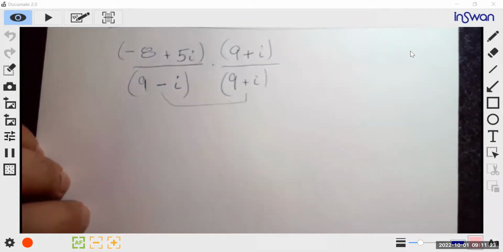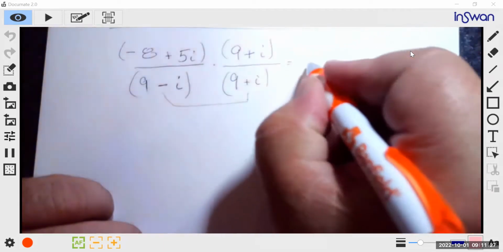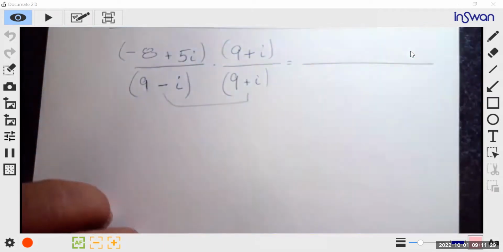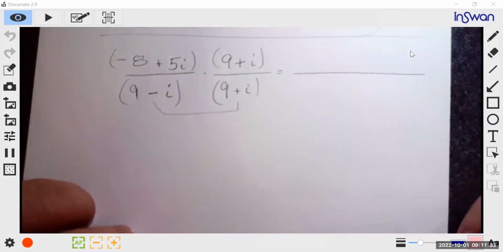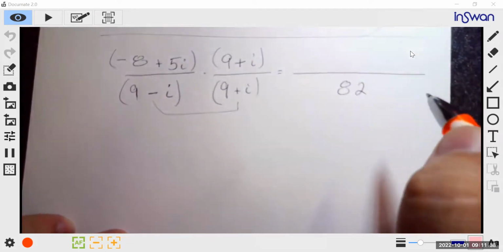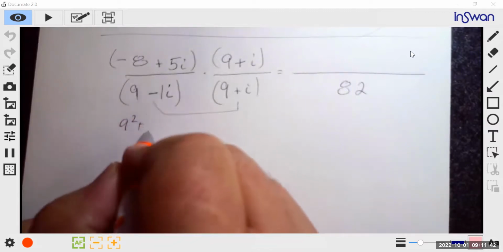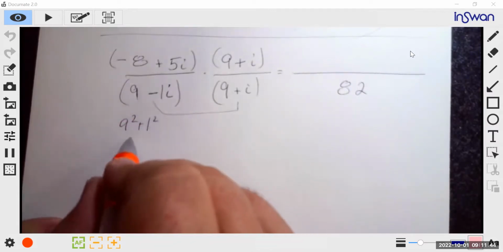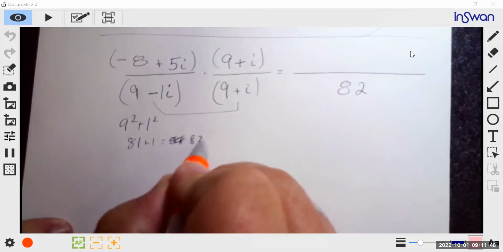Okay. So what's the bottom going to be? 81. Oh, 82. Because 9 squared is 81, there's a 1 here, so it's 1 squared. 81 plus 1 is 82.